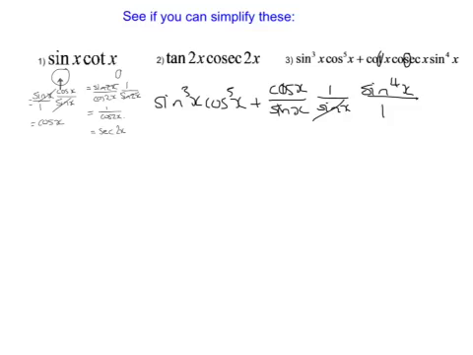So I can cancel 2 of these sin x's with 2 of those sin x's. So I've got sin cubed x cos to the 5x plus cos x sin squared x.